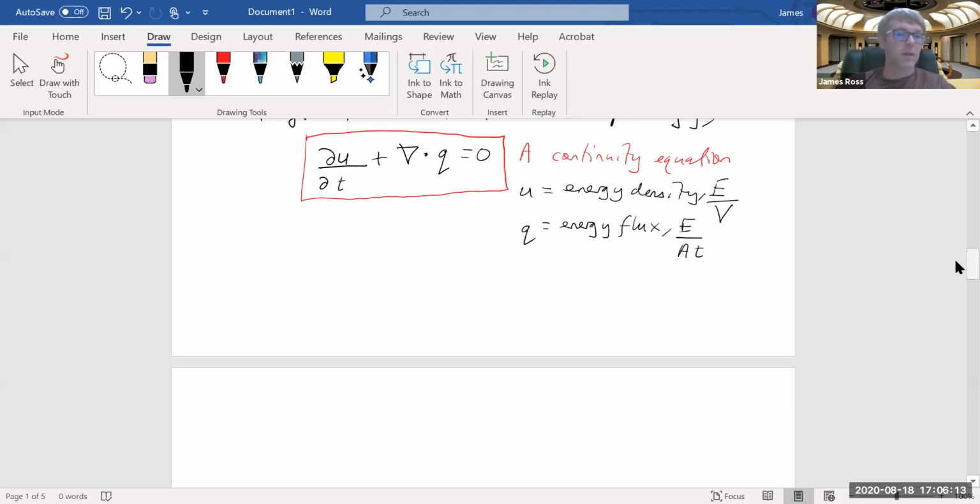And this symbol is called del. Del with a dot, the dot product, is called del dot, and it is the divergence. Divergence means exactly what it says.